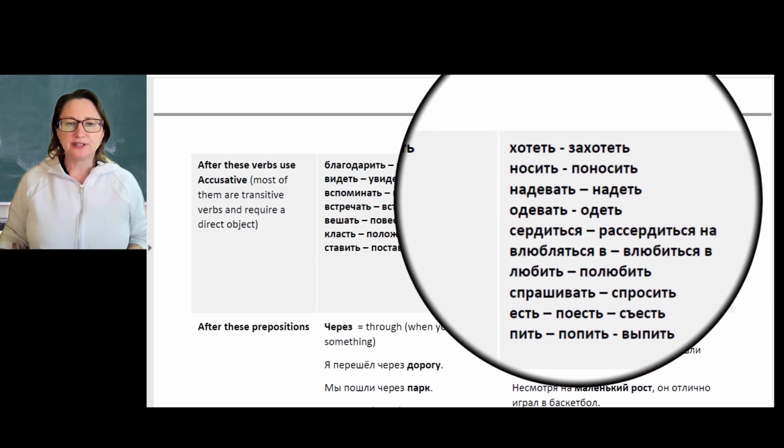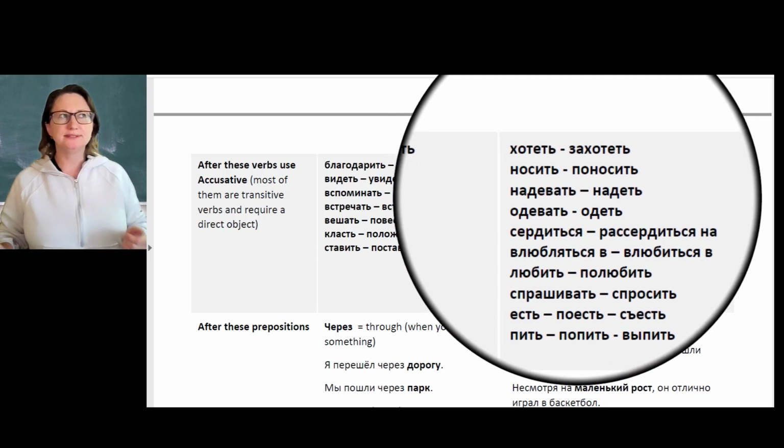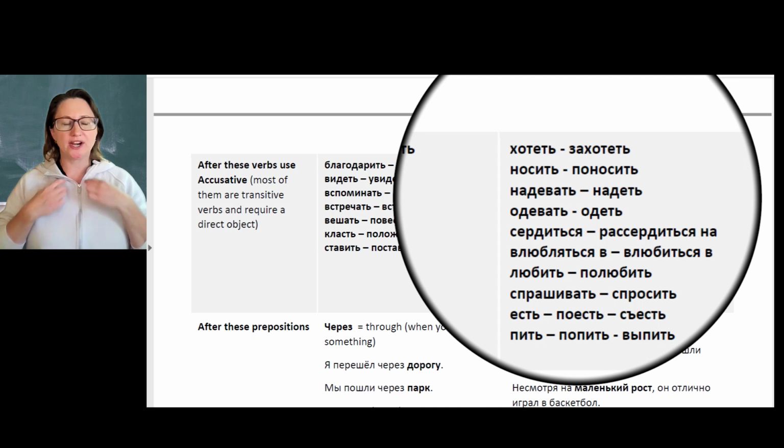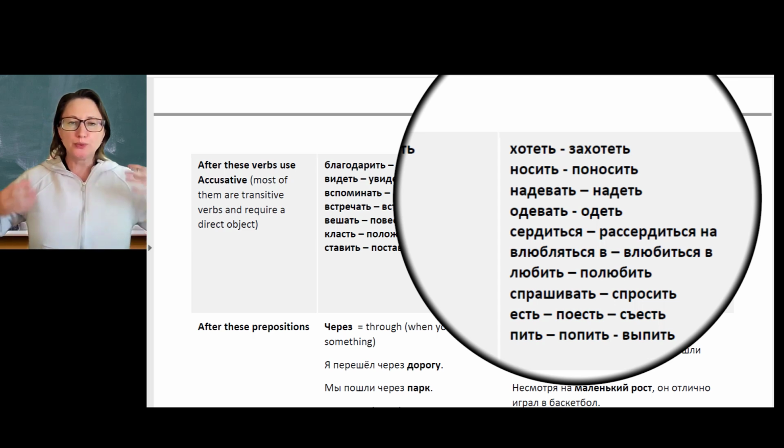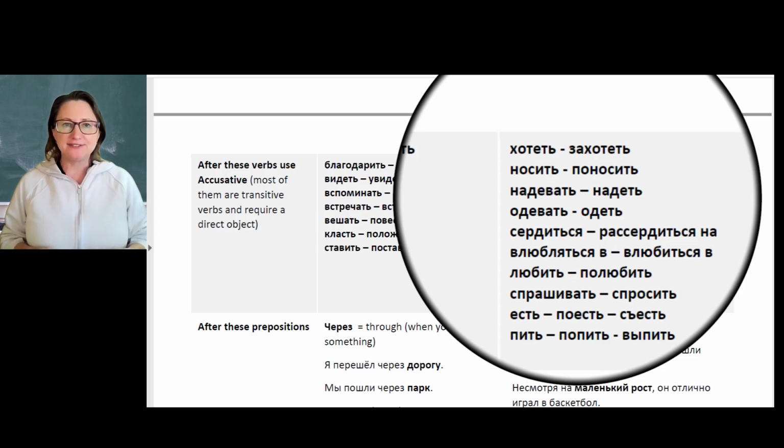And then here we have 3 verbs that don't mean the same, but they're in the same kind of topic. Носить, поносить means to wear, like to wear clothes. Надевать, надеть is to put clothes on. And одевать, одеть is to dress someone, like to put clothes on somebody.